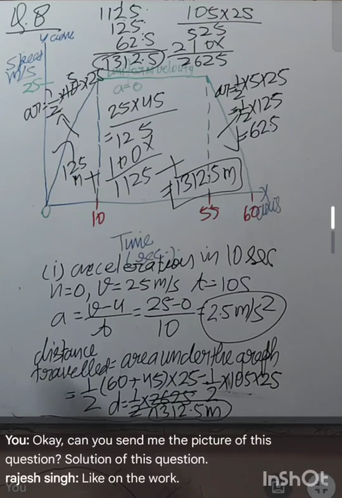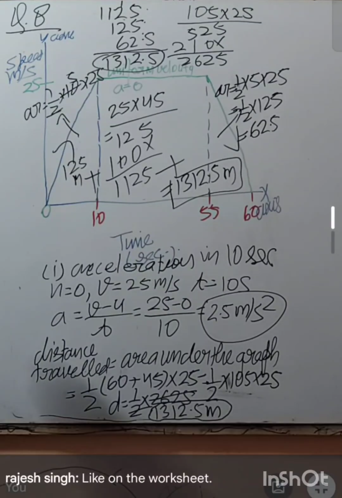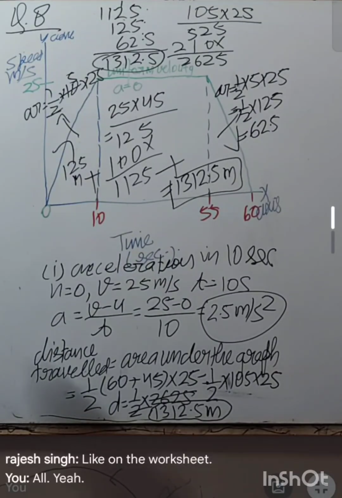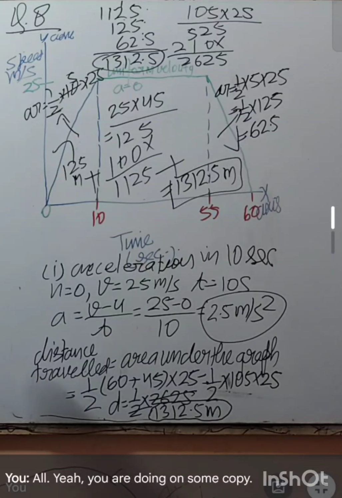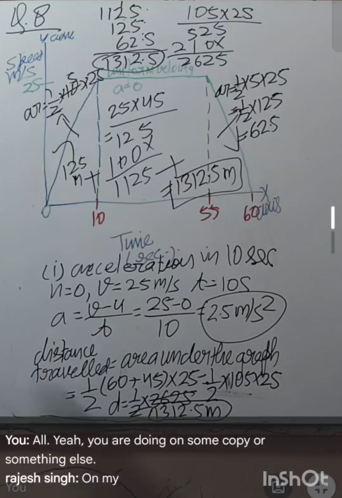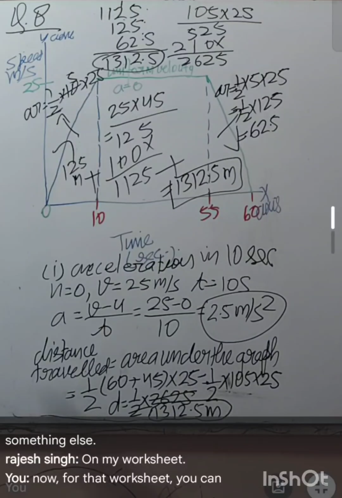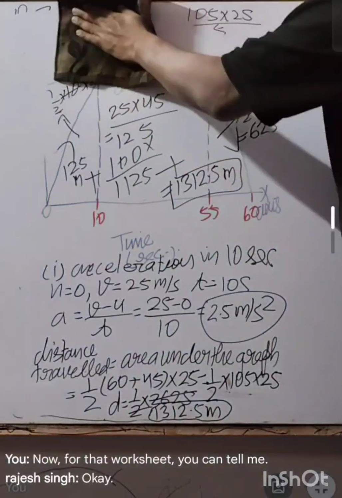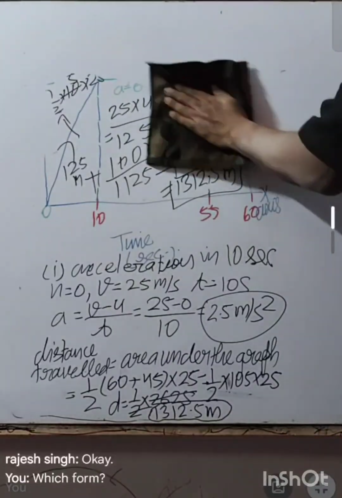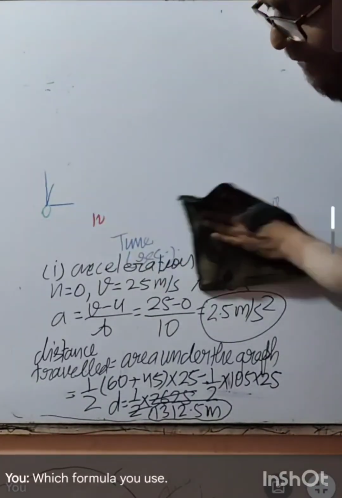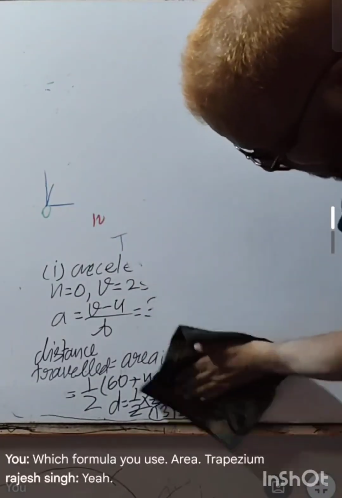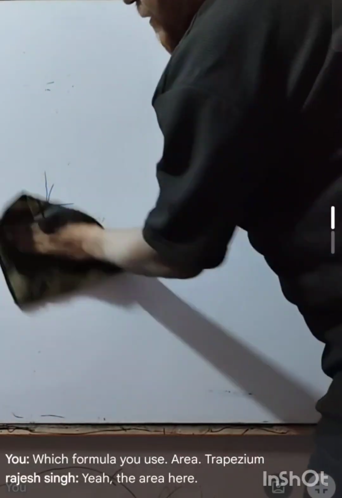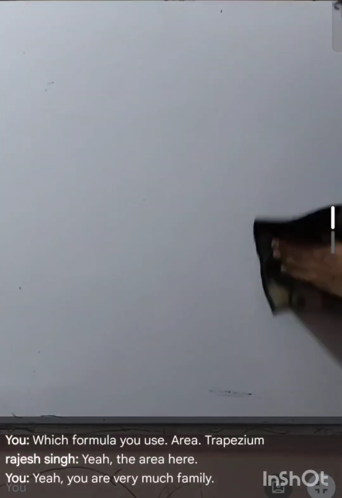Like on the worksheet? No, you are doing on some copy or something else? On my worksheet. No, for that worksheet you can send me. Okay. Which formula you use? Area of trapezium? Yeah, you are very much familiar with that.